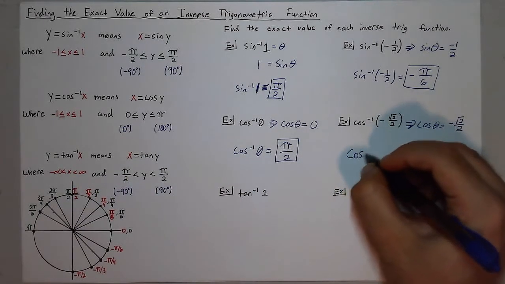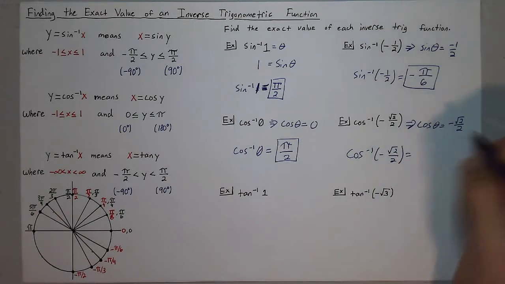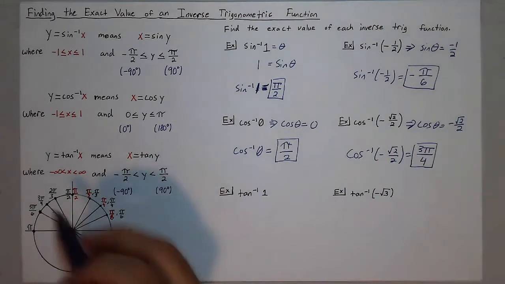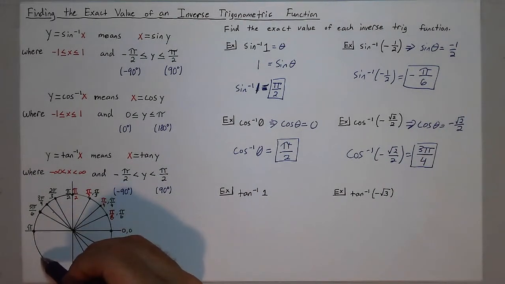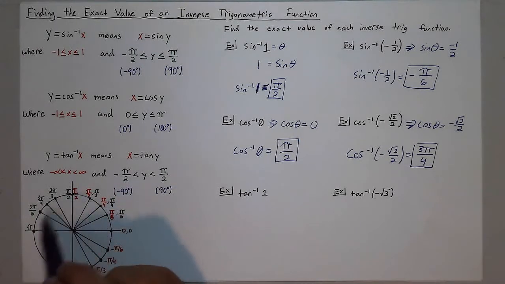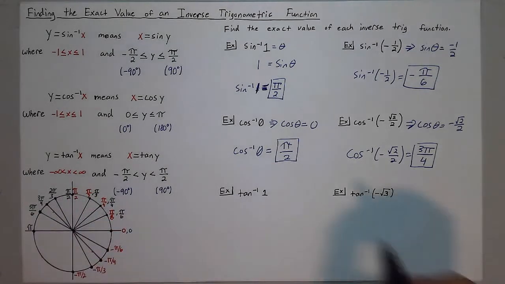So cosine inverse of negative square root 2 over 2 is equal to 3 pi over 4. Even though it would also be negative square root 2 over 2 at 5 pi over 4, the range of these inverse functions only spans a 180 degree rotation.